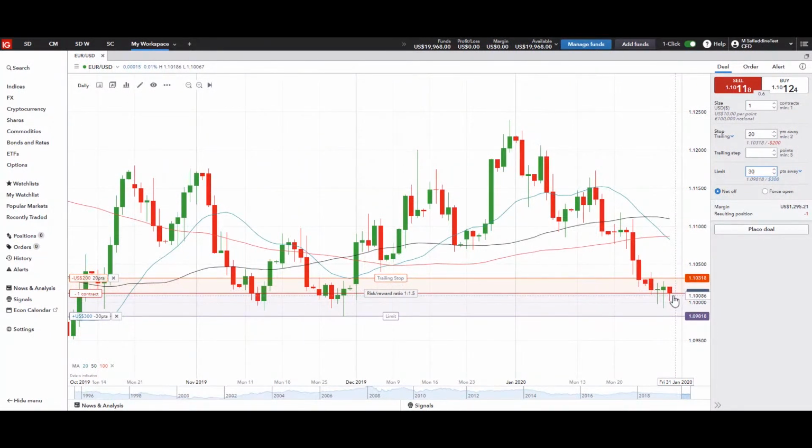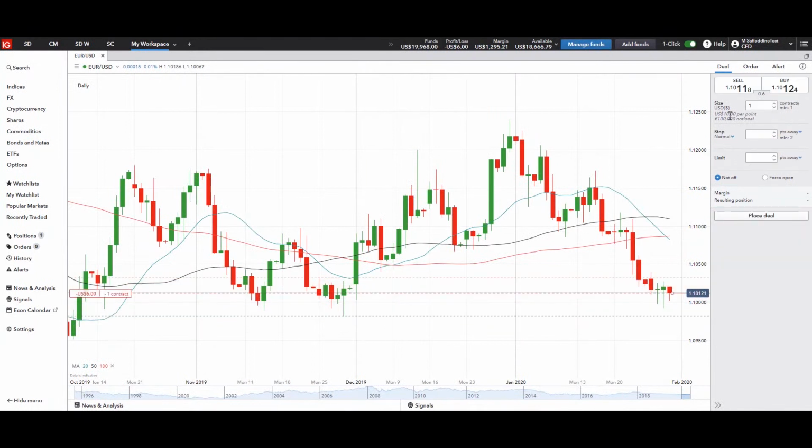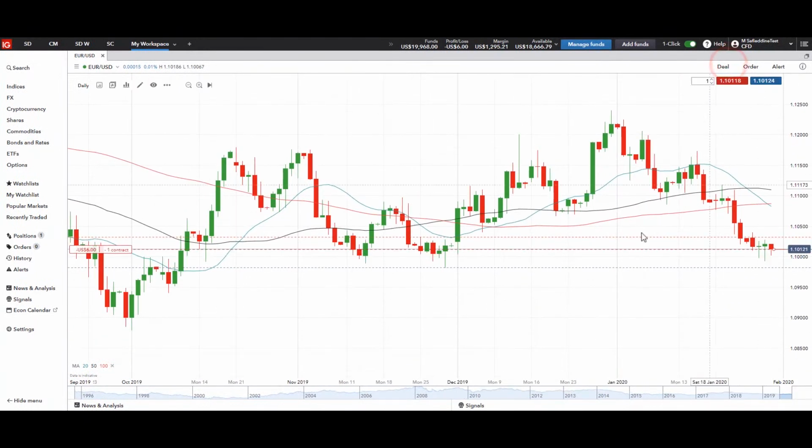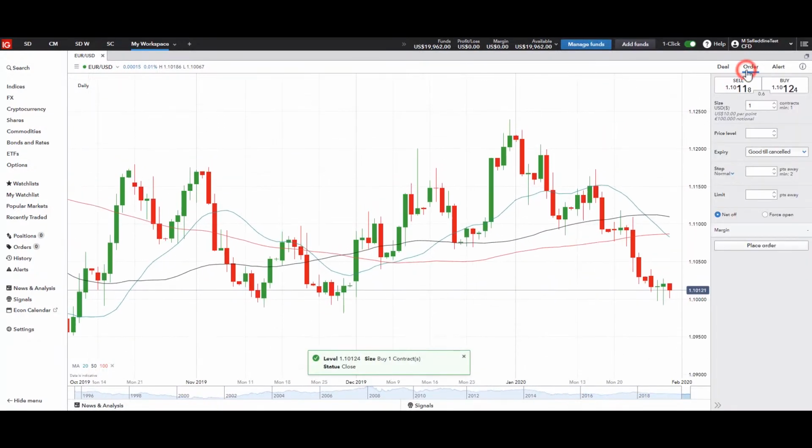That's trailing, or in this case, because it's a sell order, the trailing stop gets pushed lower. So that way, if market goes against you, it's not going to go all the way back to 110.31. If you get stopped out, you could even get stopped out in profit if the market goes significantly in your favor. So let's go ahead, let's close this out, and let's go to the next main item, and that's order.